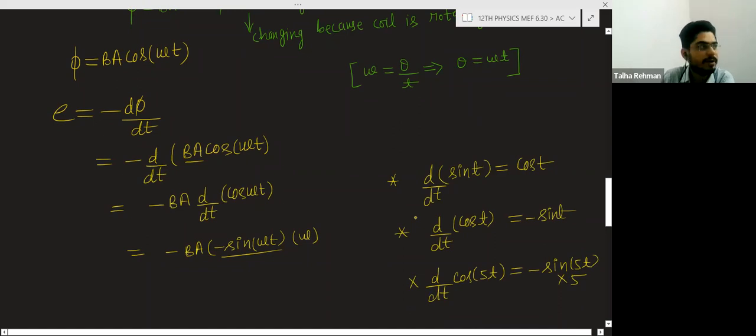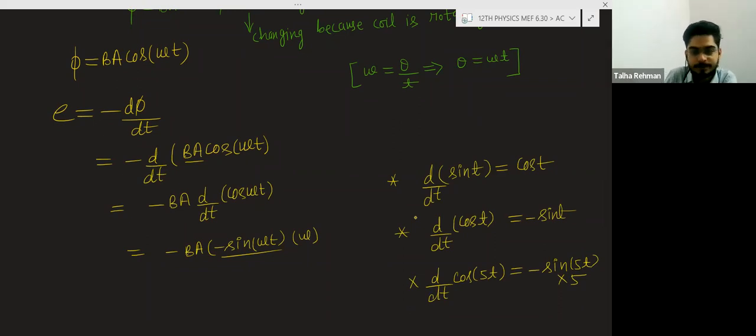Now this BA and this omega, so this will become BA omega, and minus minus is plus. So this will become sin omega t. Basically, this will be your induced EMF in the coil.